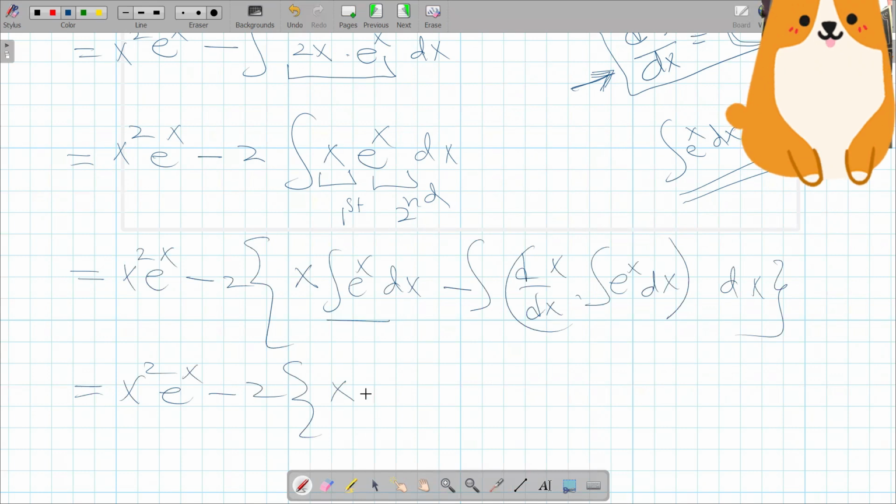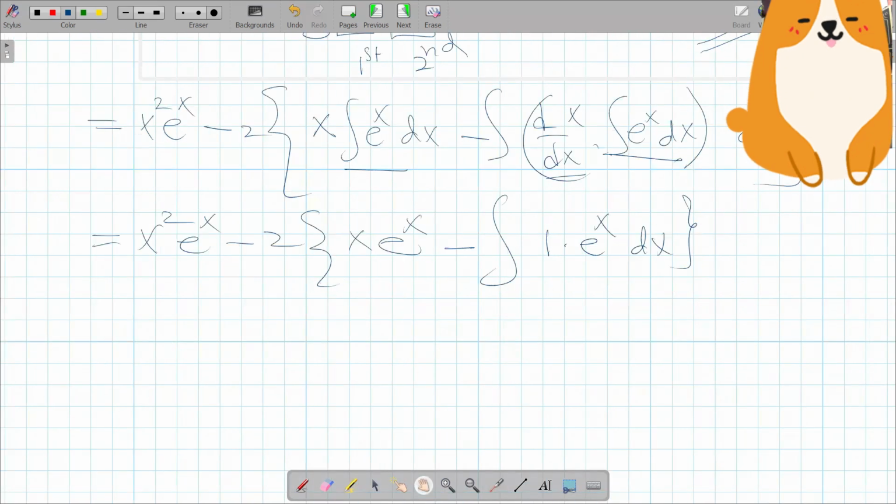What is the integral of e to the x? Same, e to the x. What is the derivative of x? It is 1. What is the integral of e to the x? It is the same e to the x. So x squared e to the x minus 2 times x e to the x minus 1 times e to the x, and the antiderivative of e to the x is the same e to the x.